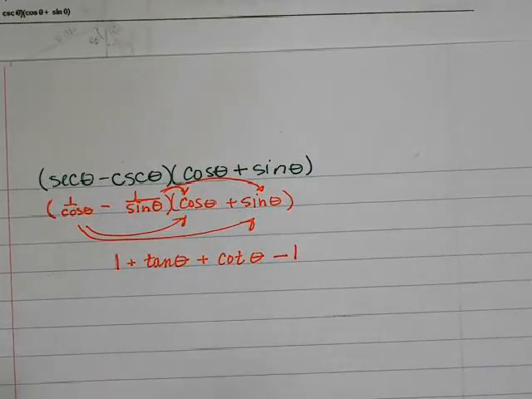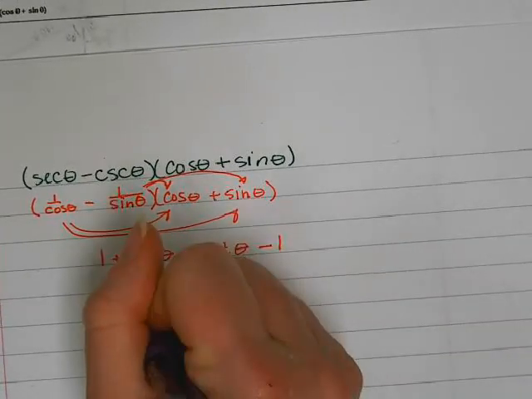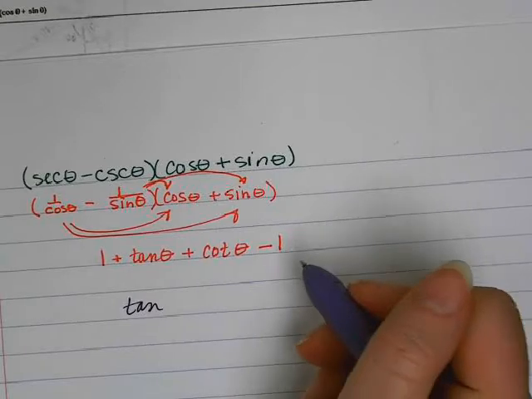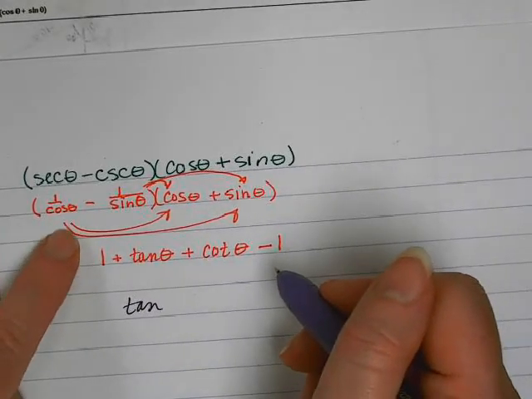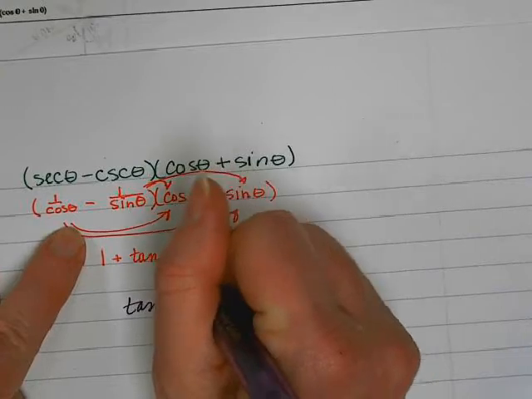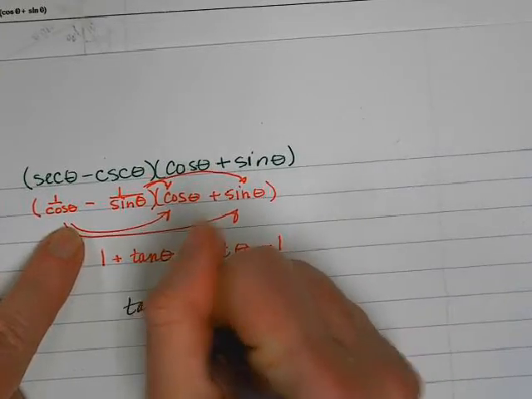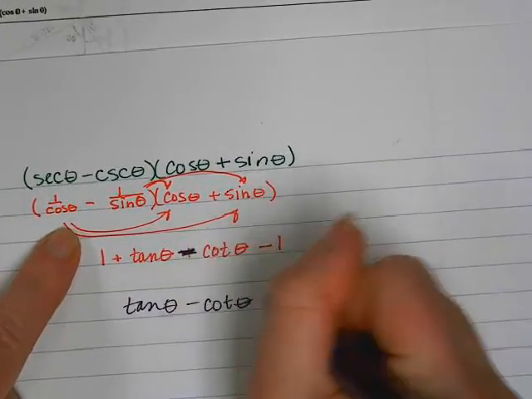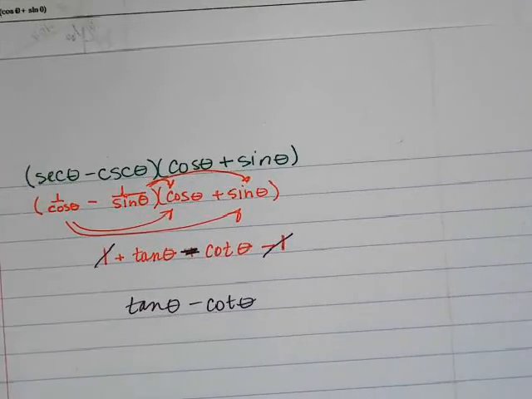Negative 1 over sine times cosine is negative cotangent, you're right. This one should be negative. So it's tangent theta minus cotangent theta, sorry. Because those cancel.